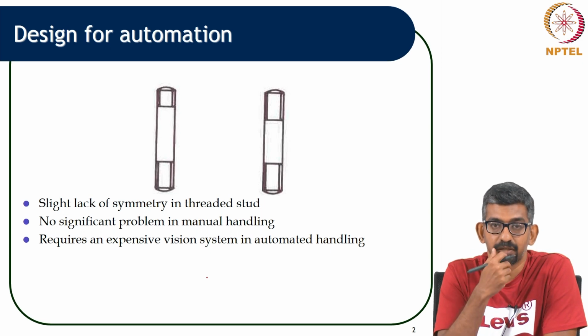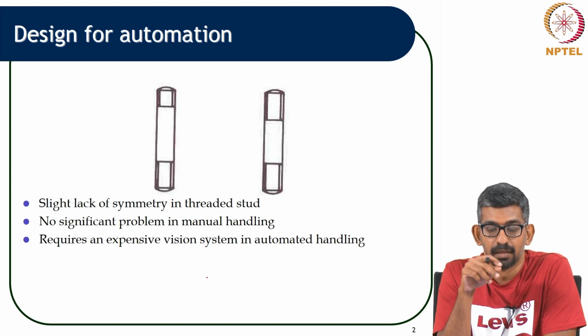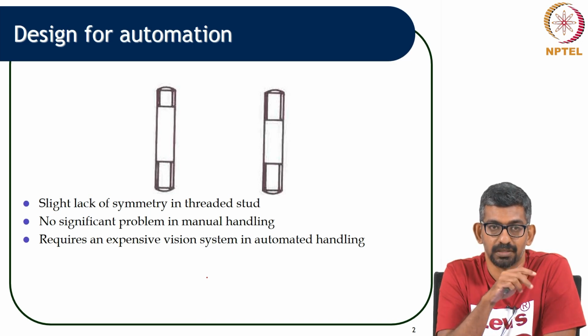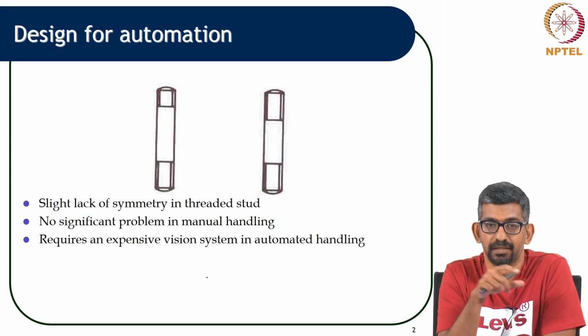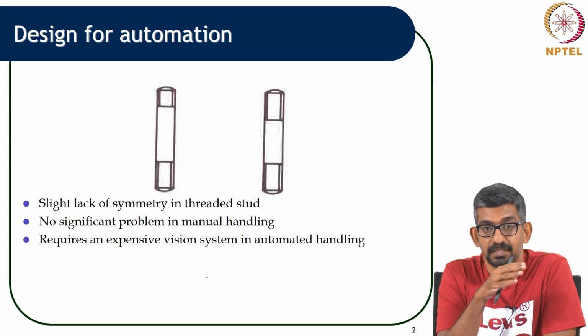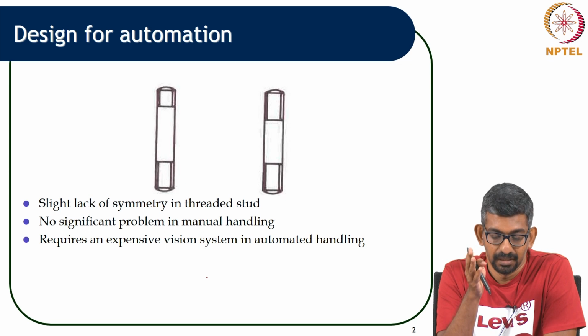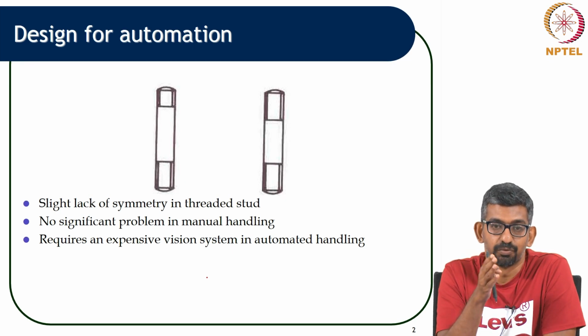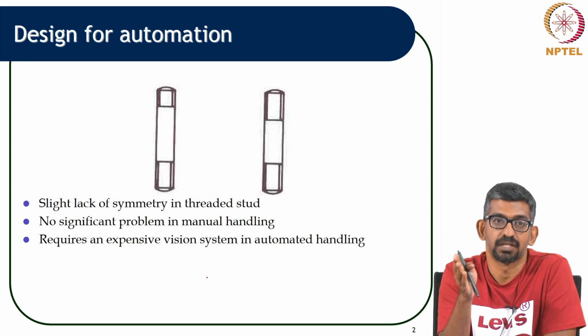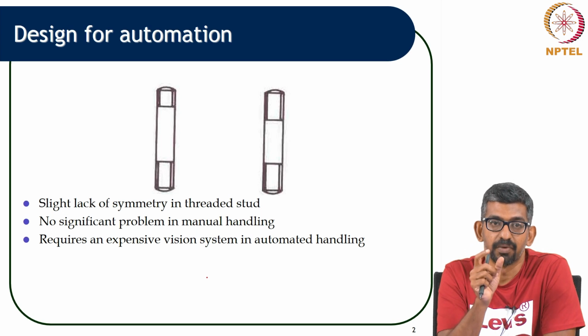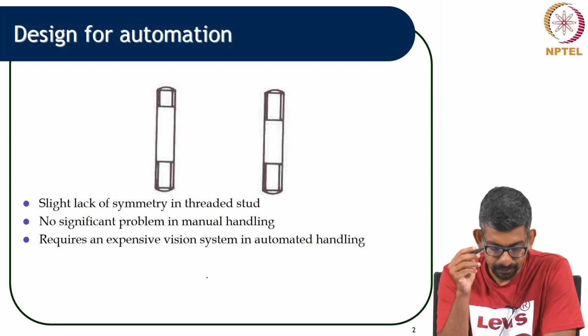Very similar to the design for manual assembly, where we spoke about symmetry, size, weight, thickness and some guidelines, I am going to present a few cases where I will try to compare and contrast the difference between manual assembly and robotic assembly from a component perspective.